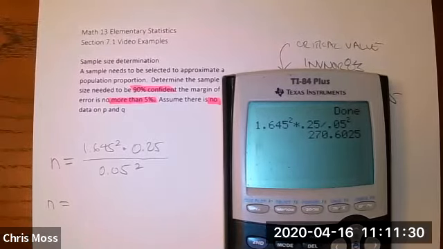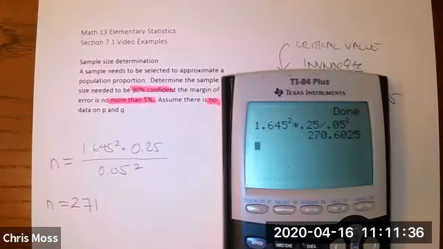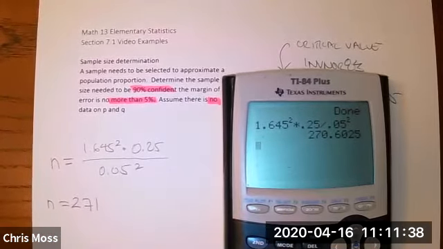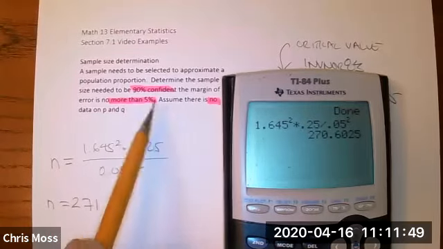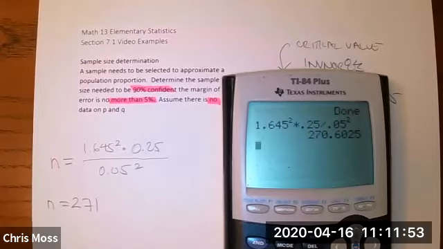If I have a decimal there, some sort of part of a whole, I always round up to the next highest whole number. In this case, 271. So the sample size in this case is 271 individuals will be selected. That will get me within 90% confidence that I have a 5% plus or minus handle on the true population proportion.